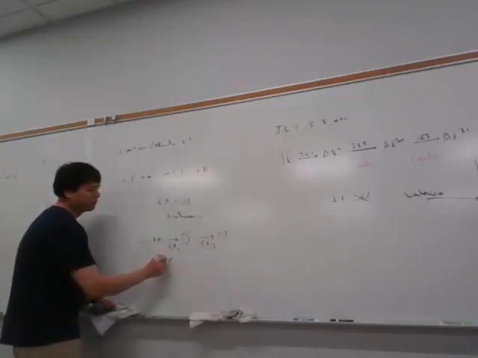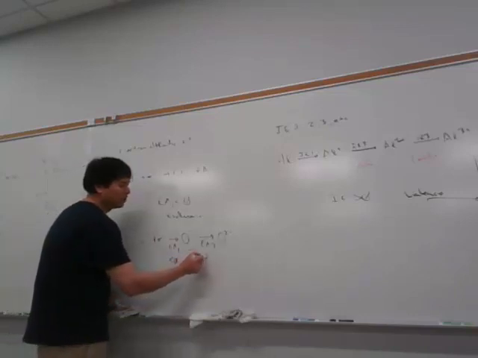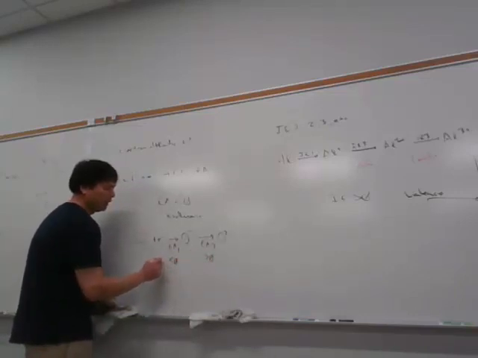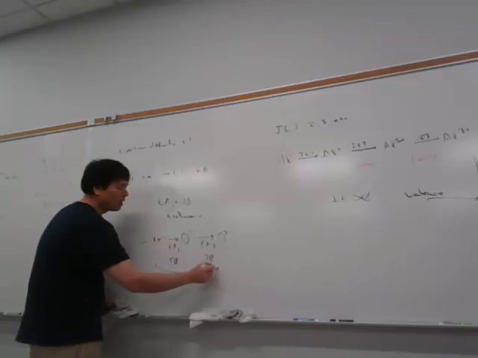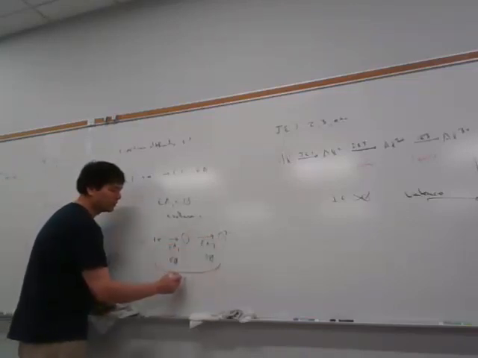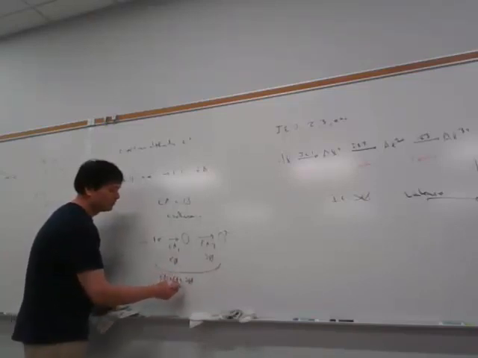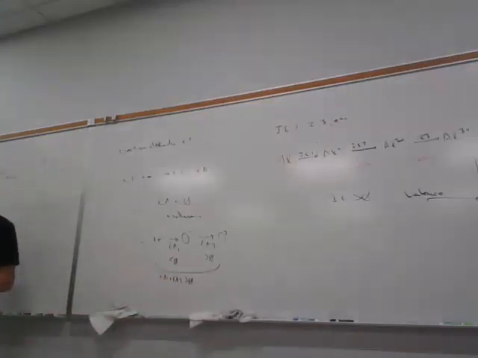EA1 is exothermic. However, EA2 is endothermic. And combined, this whole process to go from oxygen to oxygen 2 minus is endothermic. EA1 plus EA2. So that costs energy, just like aluminum.